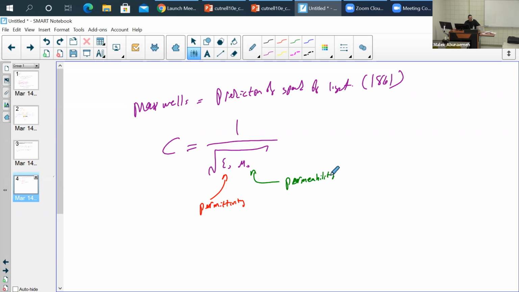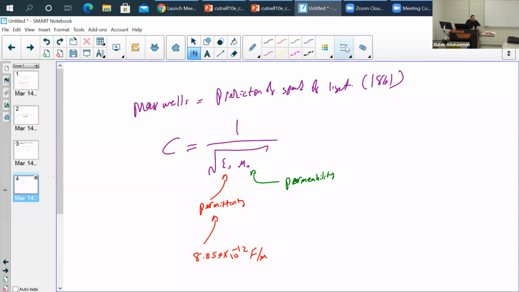Now, the value of the permittivity is 8.854 times 10 to the negative 12 farads per meter.